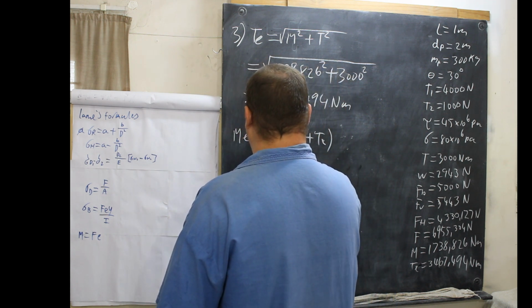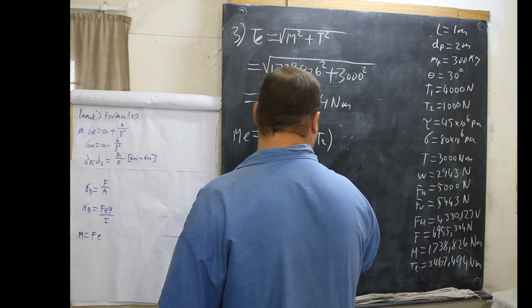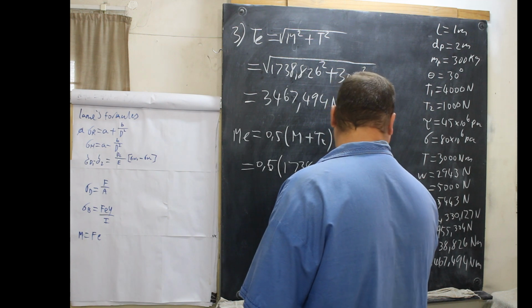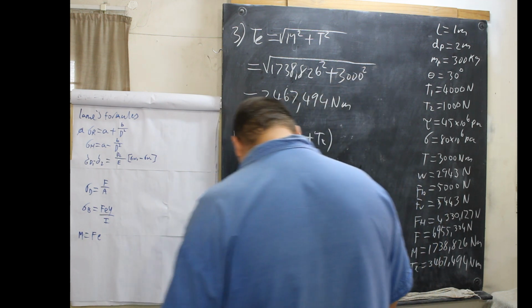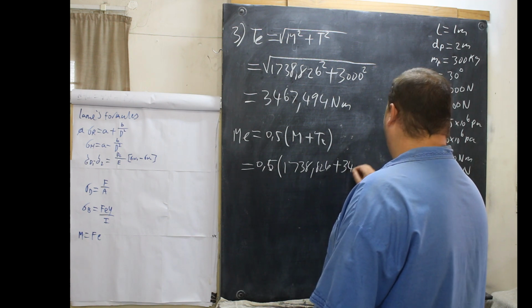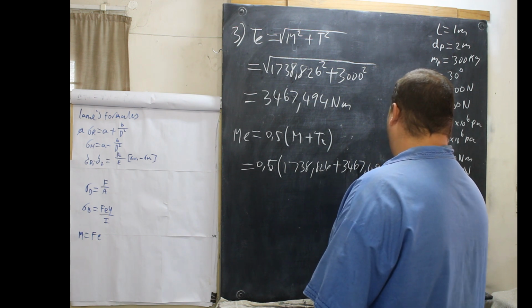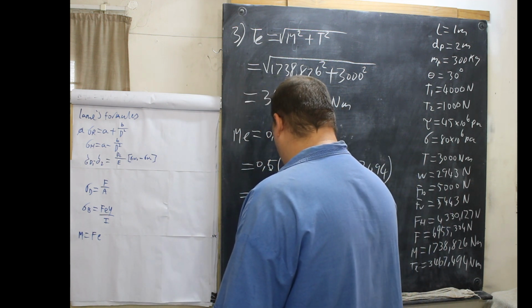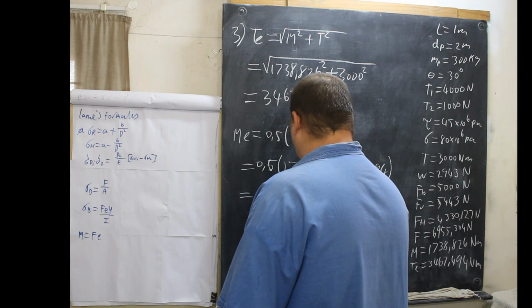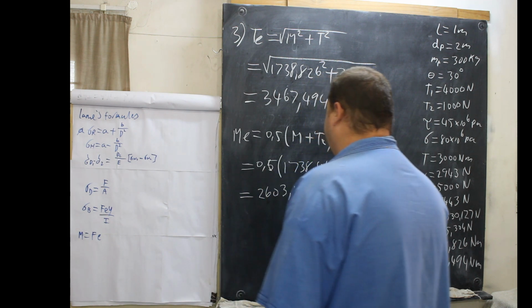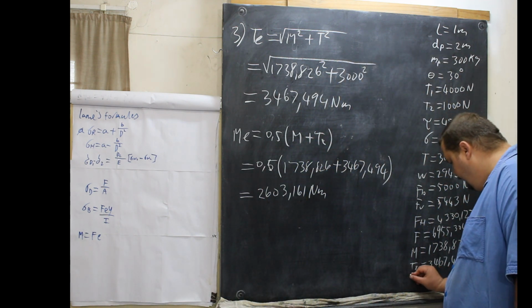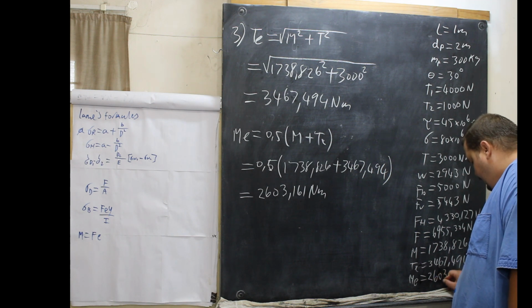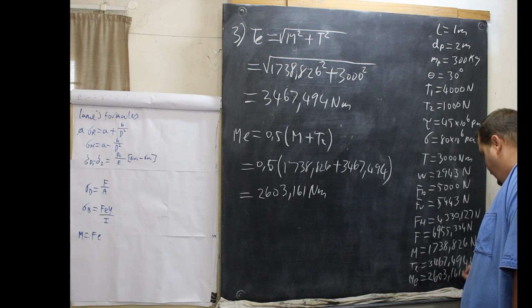So it equals 0,5 times 1738,826 plus 3,467,494, and that equals 2603,161 Newton meters. So ME is 2603,161 Newton meters.